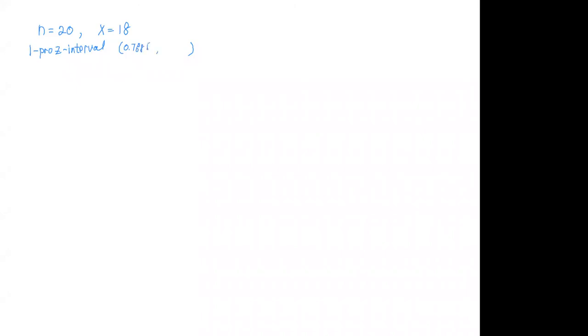So you got 0.78768, and here how come you got 1 point something? Is it possible? No. Maximum cannot be more than 1, so something is not right.